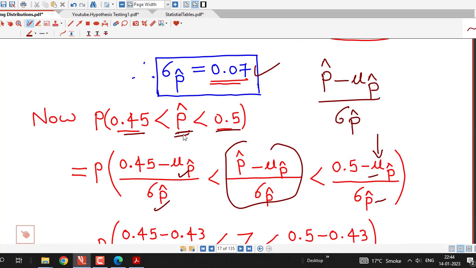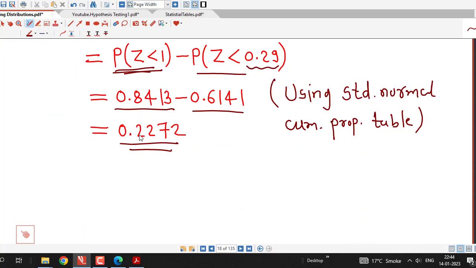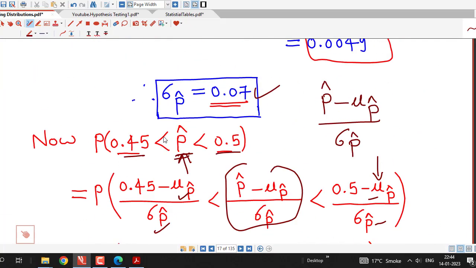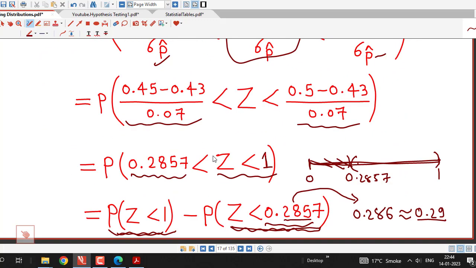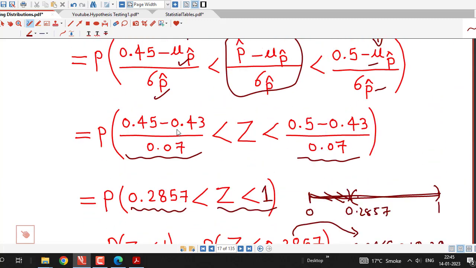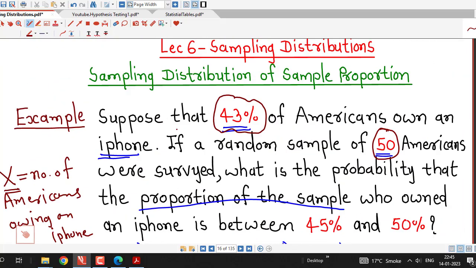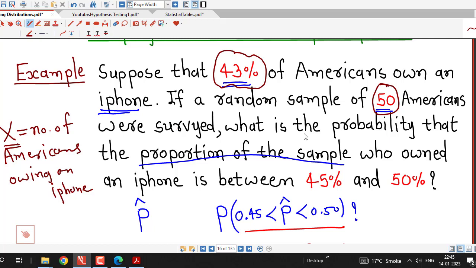So therefore the probability that sample proportion lies between 0.45 and 0.5, or the probability that iPhone owners are between 45% and 50%, is 0.2272. So that is what we required to answer in this example.